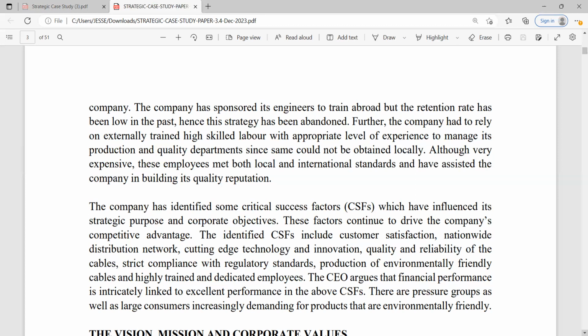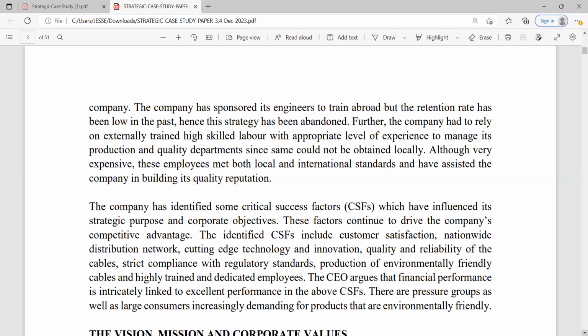The identified CSFs include customer satisfaction. So the case has been good enough to give us the critical success factors. You have customer satisfaction, you have nationwide distribution network, you have cutting edge technology and innovation, you have the quality of cables, strict compliance with regulatory standards, production of environmentally friendly cables, and highly trained and dedicated employees.